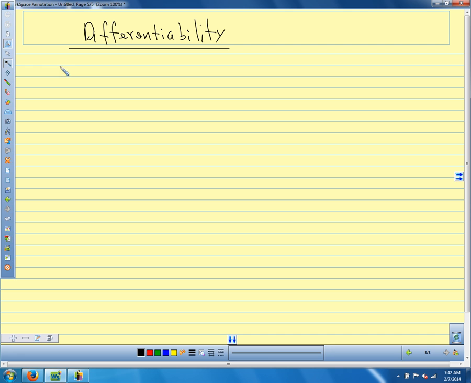So if we have z equals f of x, y, we're going to say this is differentiable.